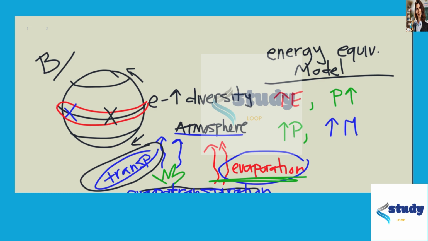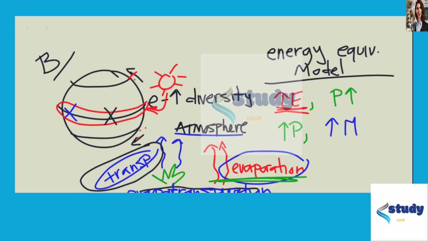The idea here is that this free energy is increased at the equator because there is a lot more sun energy happening at the equator. So you get this increase at the equator that you don't see as much of in some of these further away latitudes.